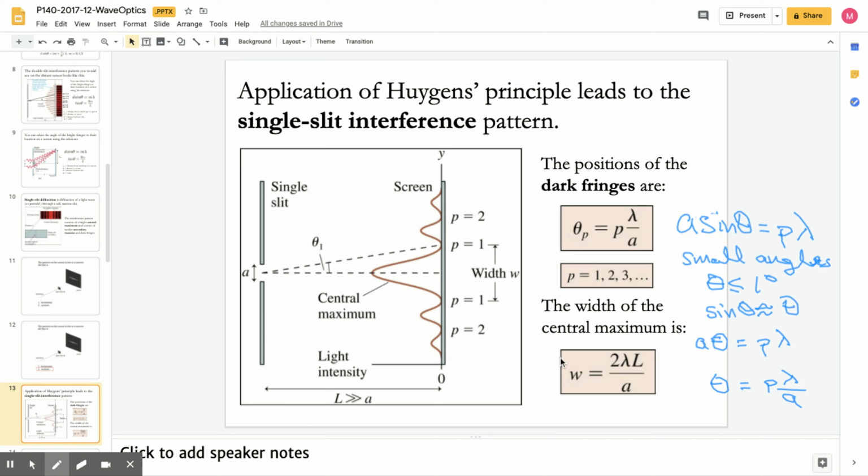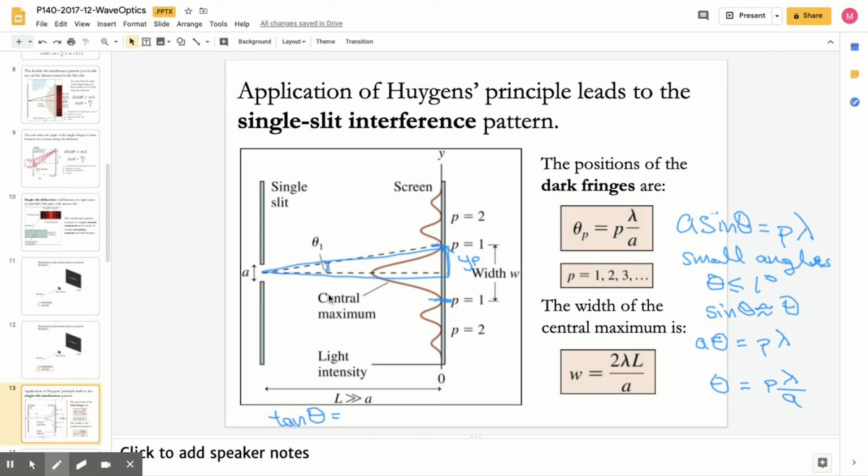Now this other equation, W, so W is the width from here to here. If I think about that, that's the same as my Y, so I'm going to say this is Y sub p. In double slit, we used tan theta equal to, so remember this is my theta, and I have a triangle here.